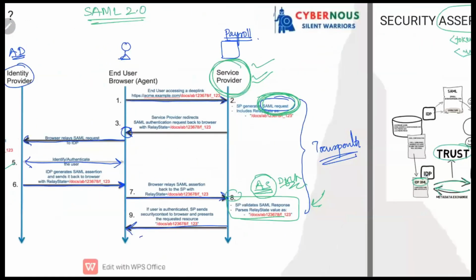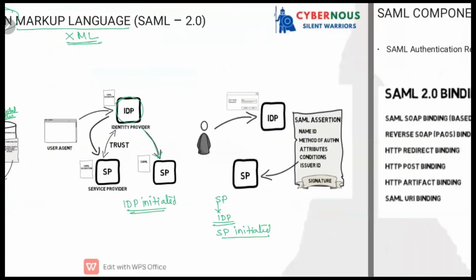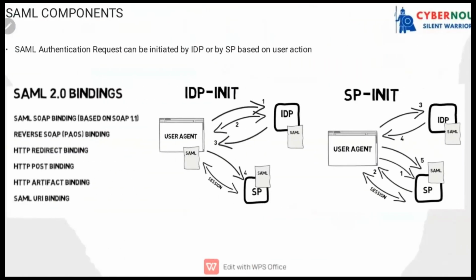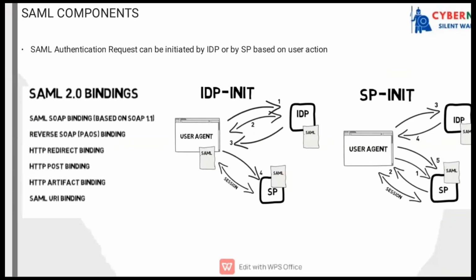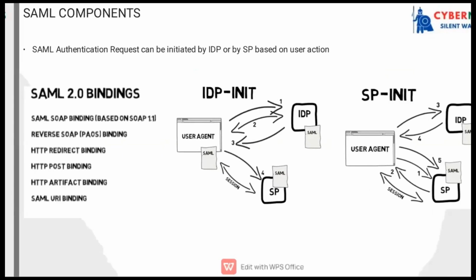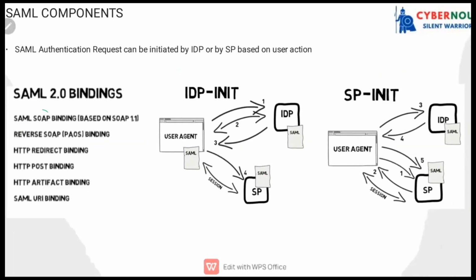Okay. So I hope you understood this. Then the entire exchange of the authentication data is happening in XML. Sometimes we are using a SAML SOAP protocol, and that is called a binding.